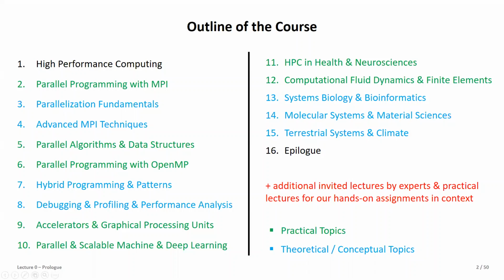Now, when we look at more topics, we have systems biology, which we will explore more from a theoretical and conceptual perspective, but we will go deep down into the biology system that we have, for instance, in humans, from cells up to the whole body, the virtual physiological human.